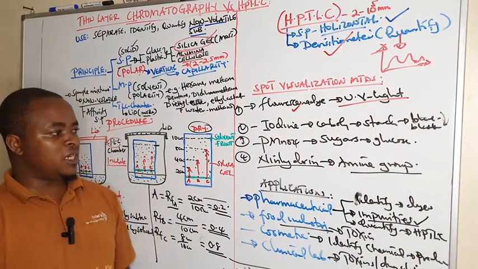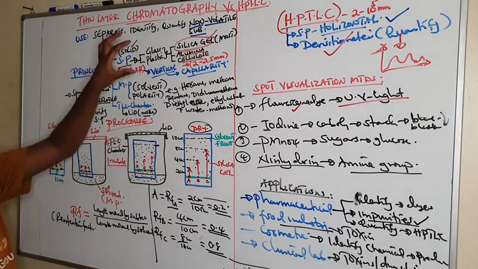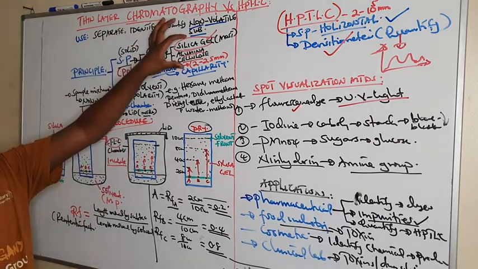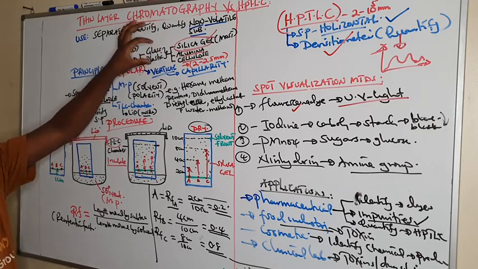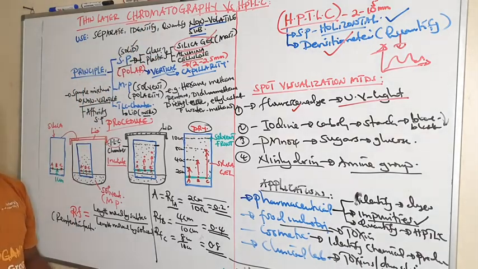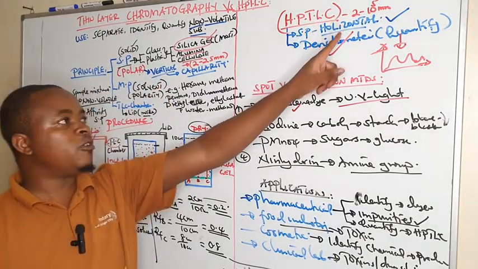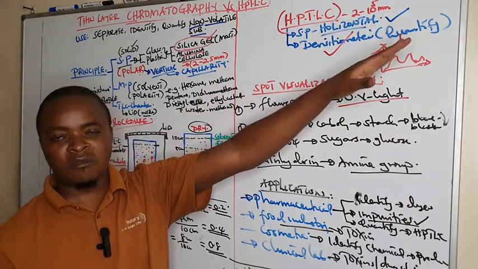So this is what we discuss with you. Please remember, the stationary phase is polar, and a thin layer of silica gel, which is commonly used, or alumina or cellulose, is coated on the glass, and it is always in a vertical position, which is different from high performance, which is in a horizontal position, and this one enables faster movement.